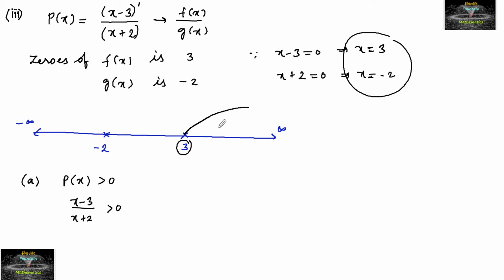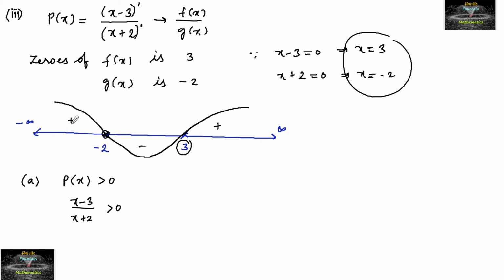So the curve will change from positive to negative side and reach the point minus 2. Then again we need to confirm whether the power of x plus 2 is odd or even. For x plus 2 the power is again 1, an odd power, so it changes from negative to positive.